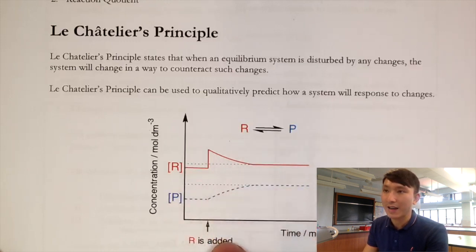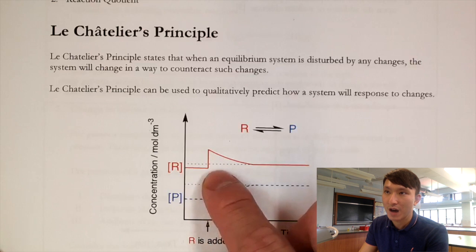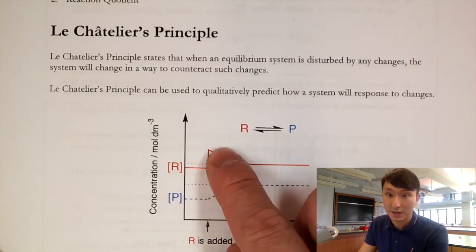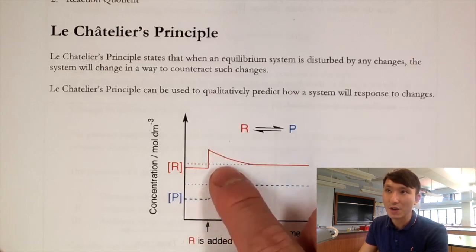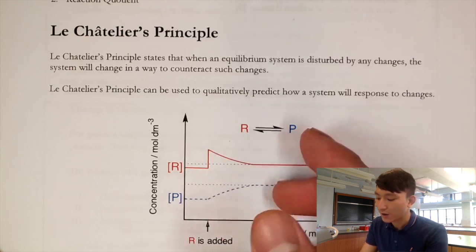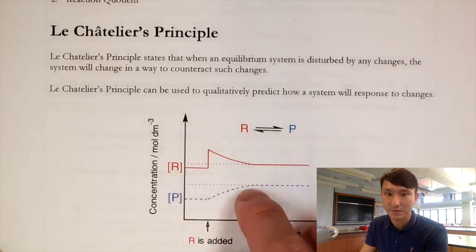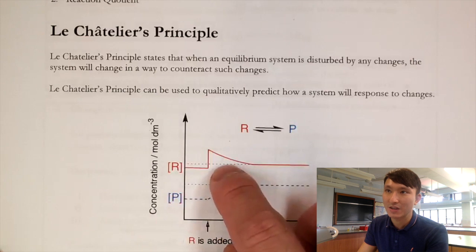Now let's just say at this particular time we add a small amount of R into the mixture, and you can see at the moment where R is added, the concentration of R increases significantly, right? Now this serves as the change that occurs on the system. The change is that the concentration of R increases.